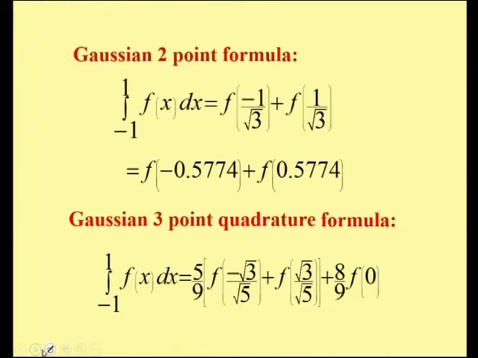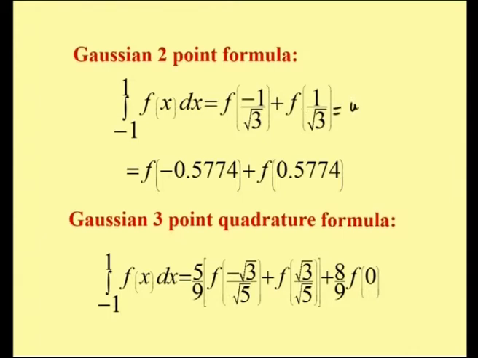Gauss-Hermite, Gauss-Legendre. Actually, the Gaussian 2-point formula and the Gauss 3-point formula quadrature formula are called Gauss-Legendre quadrature. Consider the case integral from minus 1 to 1 of f of x dx is equal to f of minus 1 by root 3 plus f of 1 by root 3.